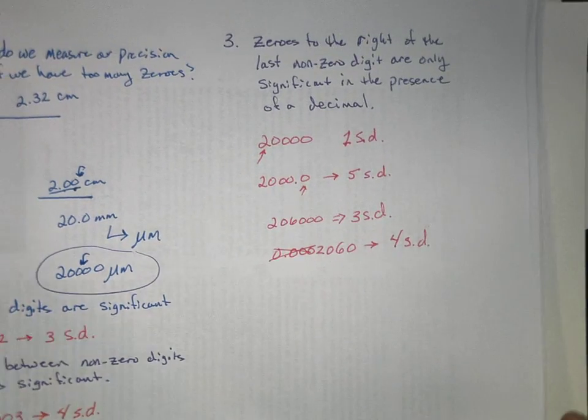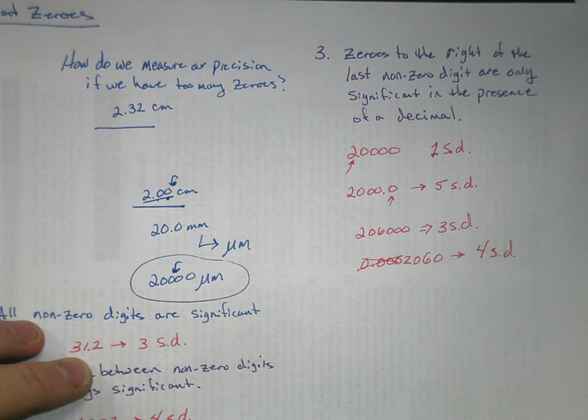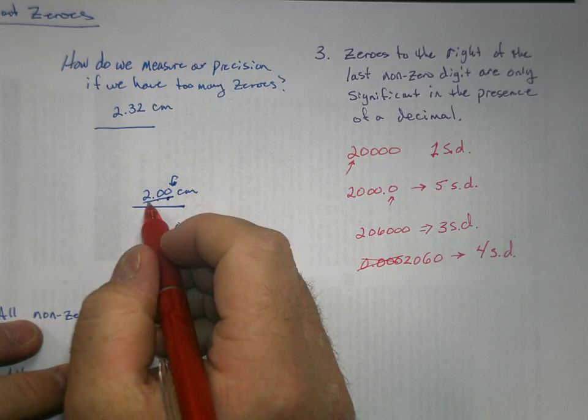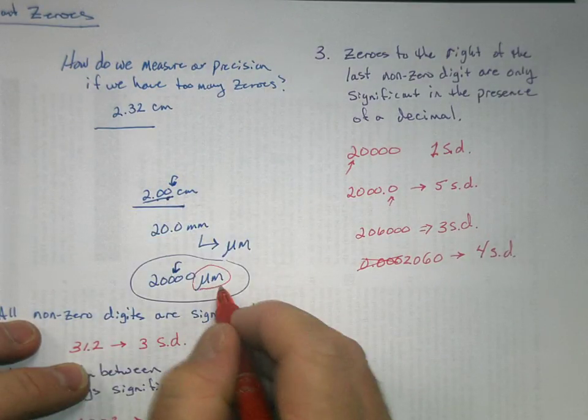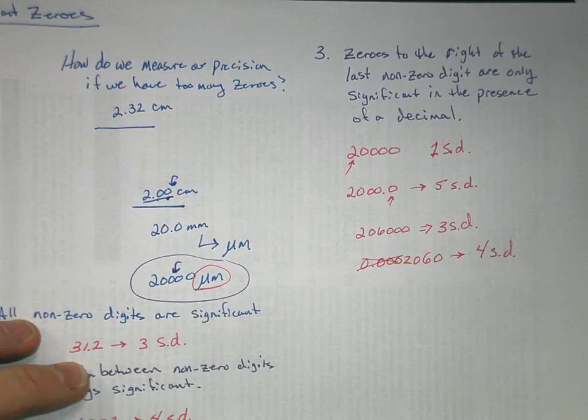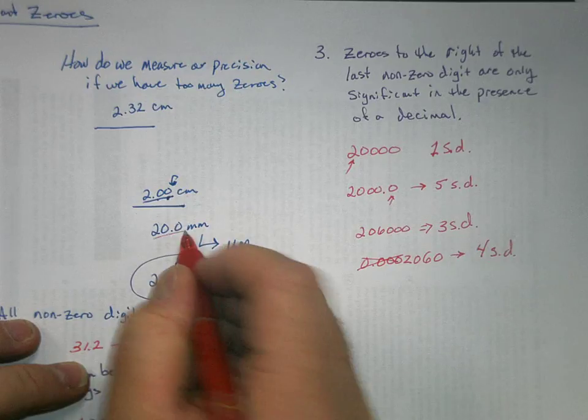All right. Which brings us back to our question. Our question was, how do we account if we measured this to be 2.00 centimeters or 20.0 millimeters, but we need units of micrometers or microns? We know that we have 3 significant digits, 1, 2, 3, right?